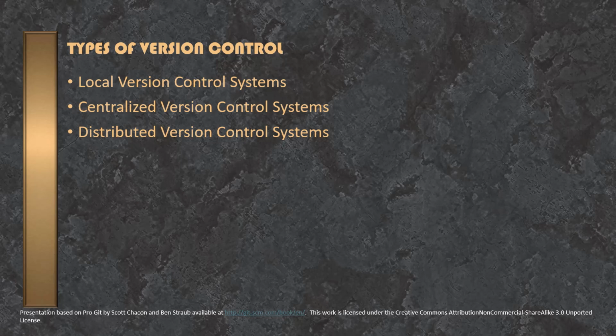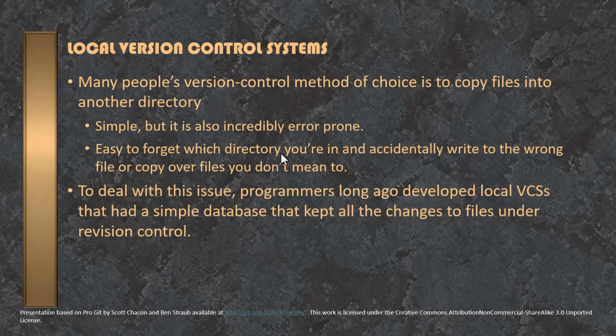There's actually different types of version control. There's local version control, centralized, and distributed version control. Local version control systems basically are used to store changes all on one system.